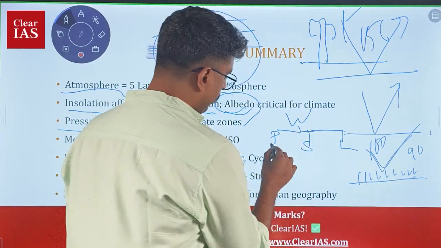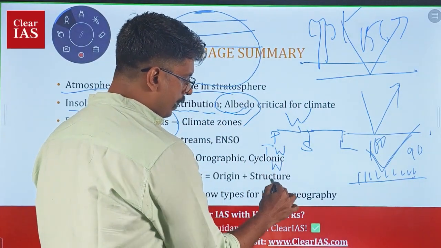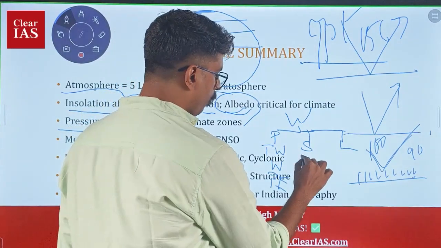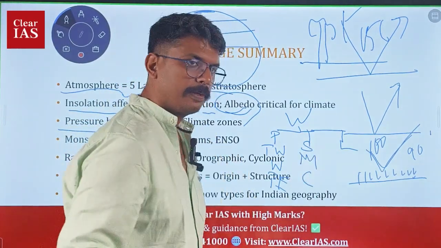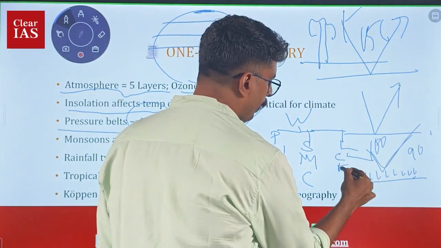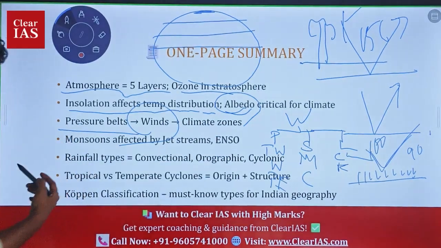Primary winds are trade winds, westerlies, and polar easterlies. Secondary winds are monsoons and cyclones, and local winds we studied Chinook, Foehn, and some others.